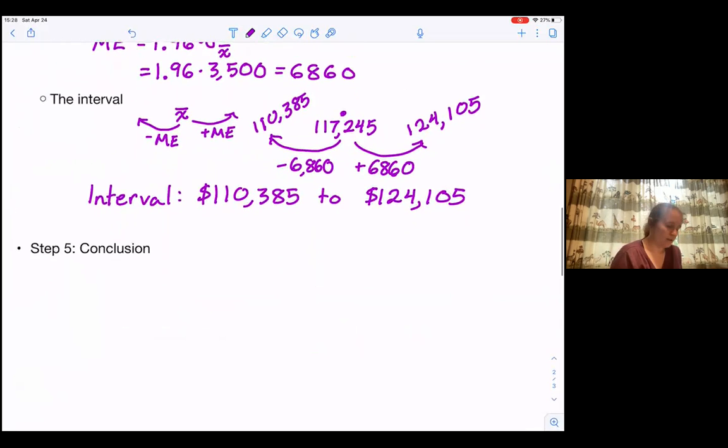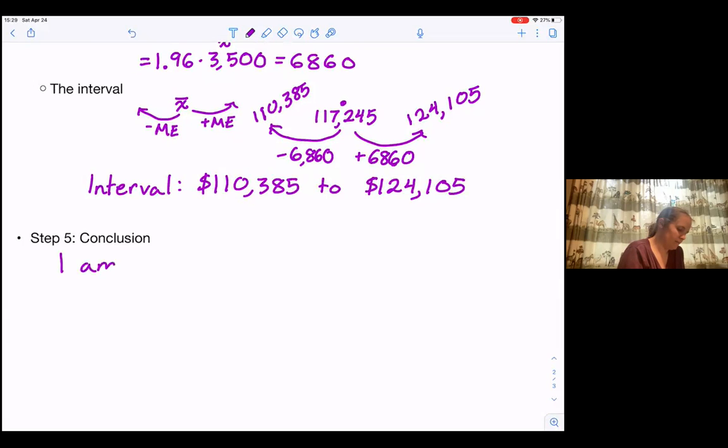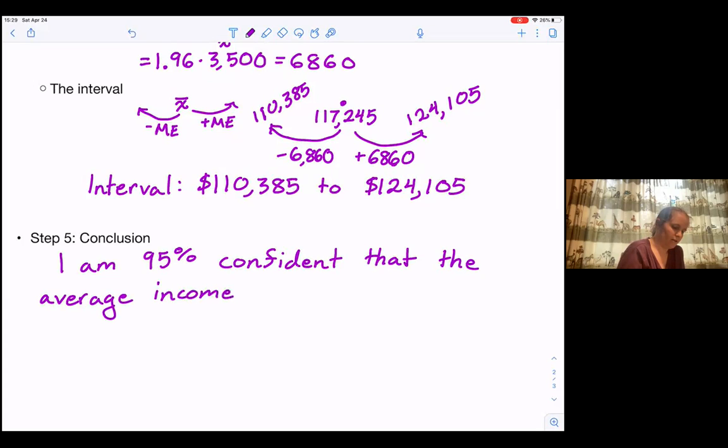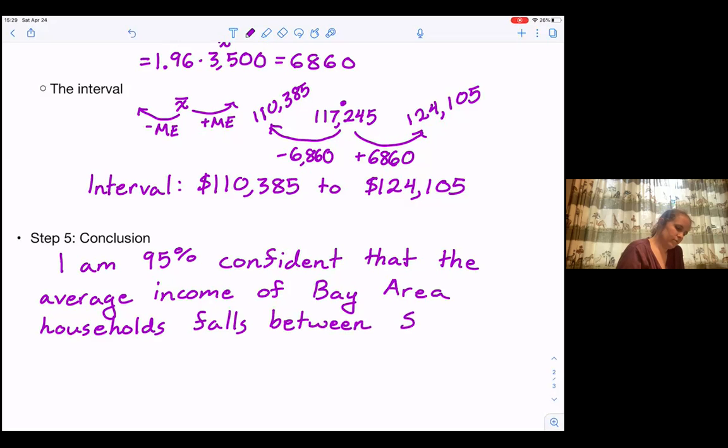So our conclusion: I am 95% confident that the average income of Bay Area households falls between $110,385 and $124,105.